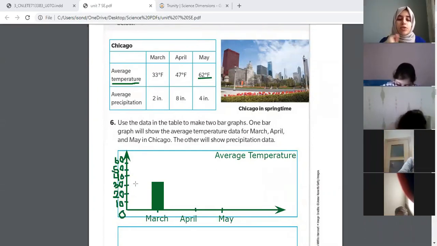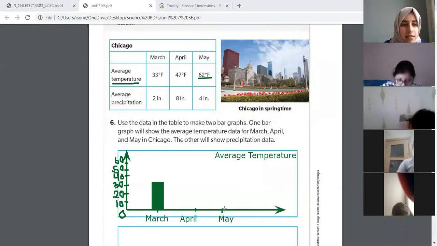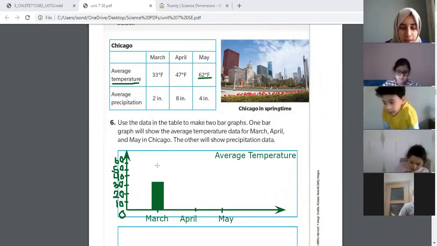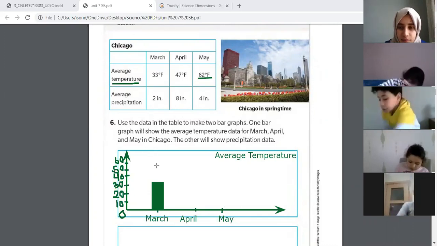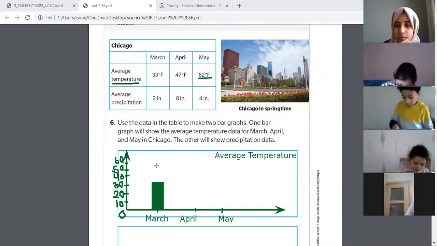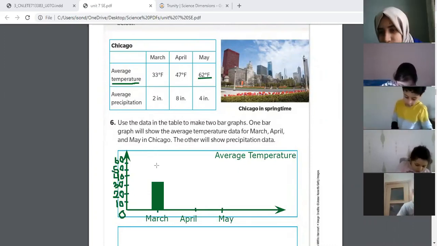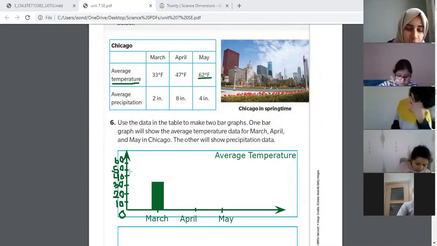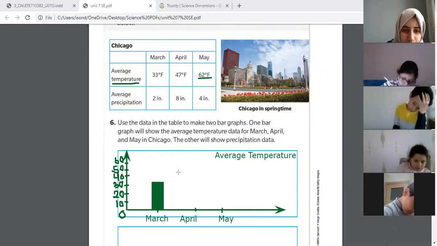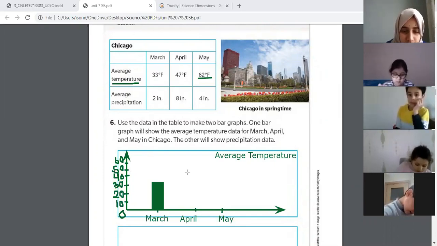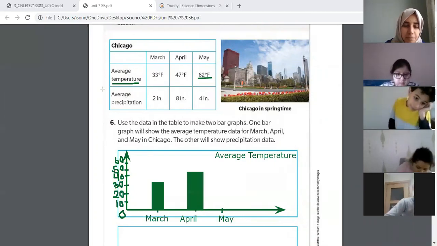Thank you, Rana. Fahad, what was the temperature in April? In April it was 47. So because it's 47, I'm going to put it a bit under 50 because 47 is closer to 50. Thank you, Fahad.